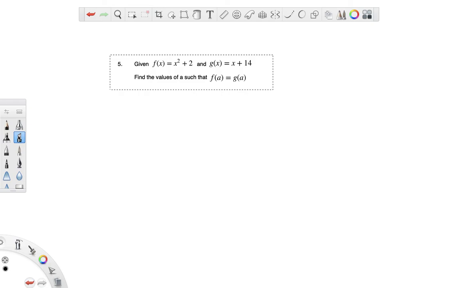The last exam style question, last example in fact that we'll do in this video, it says f of x is equal to x squared plus 2. And then it says g of x is equal to x plus 14.